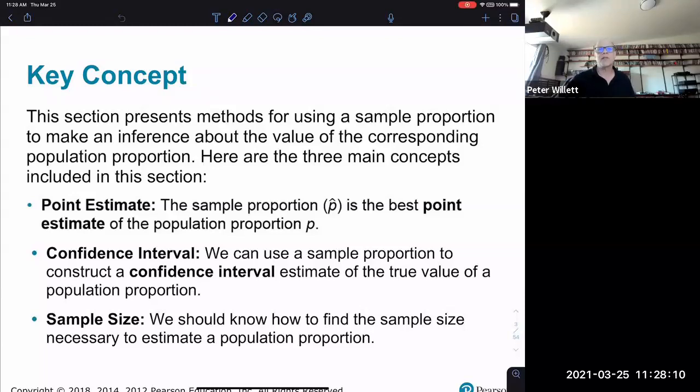And obviously, to get greater accuracy, you probably need to either have a wider range or a lot more people questioned. But you can find out exactly what sample size you would need to get the range to the size you want with the level of confidence, or likelihood, that that's the correct range. So that's a lot. And that's why there's 54 slides covering this one section.